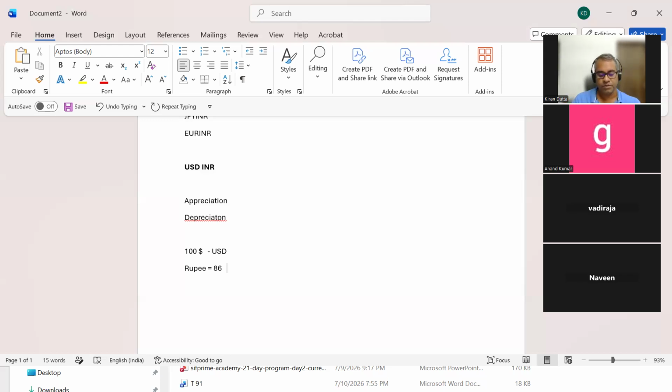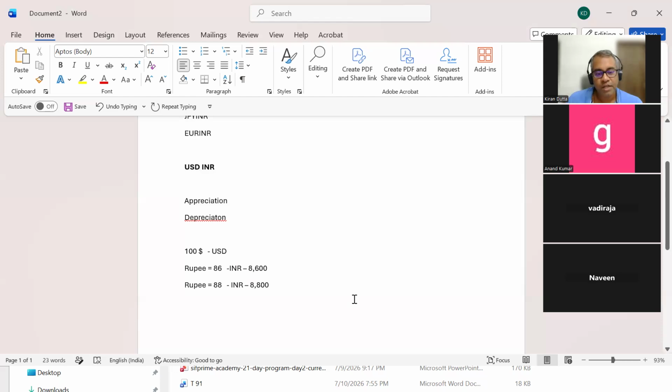The amount of INR that I will get is 8,600, which is 100 times 86. Now, when the rate becomes 88, how many rupees will I get? I'm going to get 8,800 rupees.